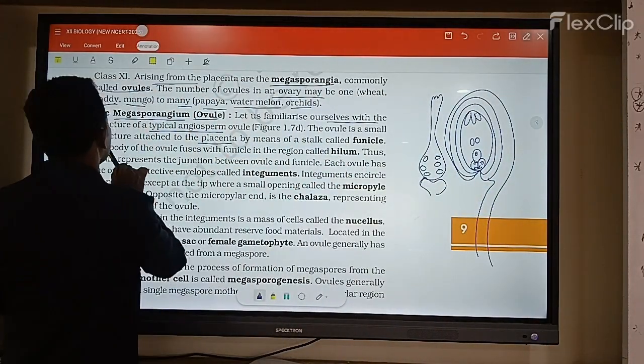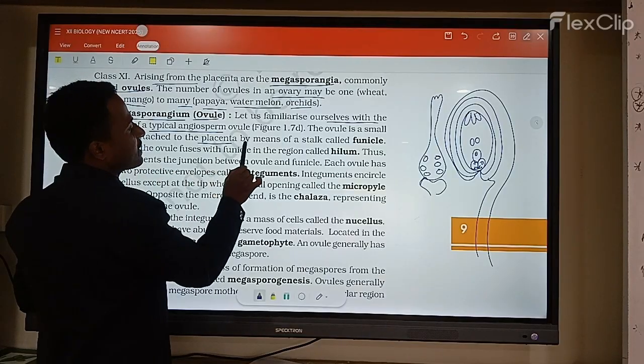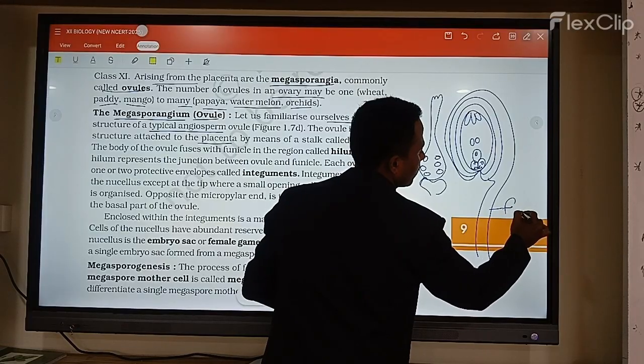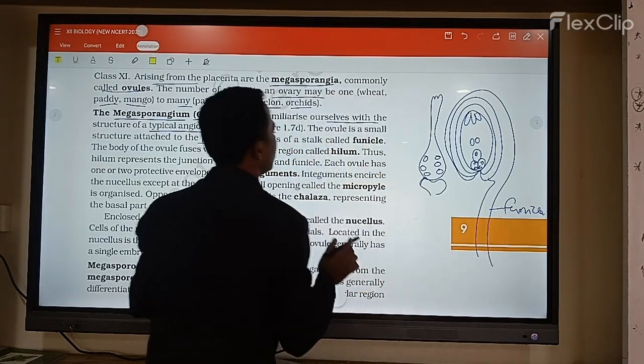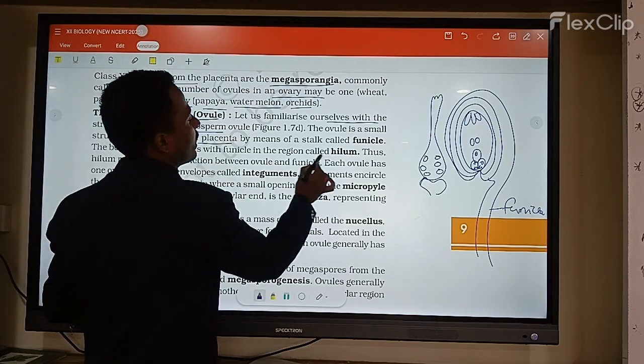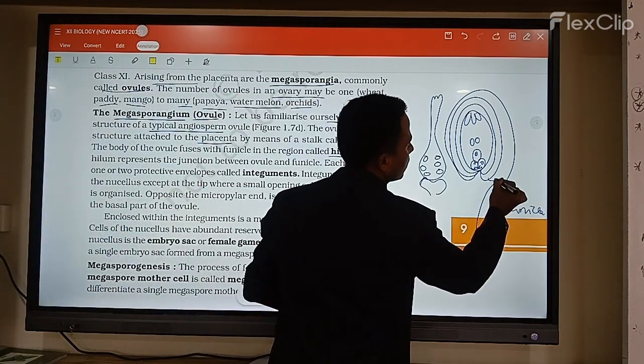The ovule is a small structure attached to the placenta by a stalk called the funicle. Here I am taking one particular ovule. The ovule is attached to the placenta by the funicle. The body of the ovule fuses with the funicle in the region called the hilum. This region is called what?